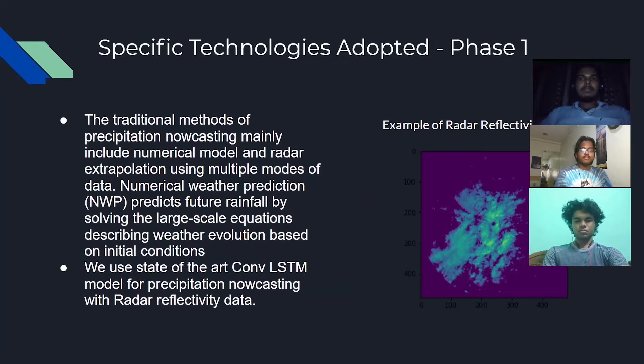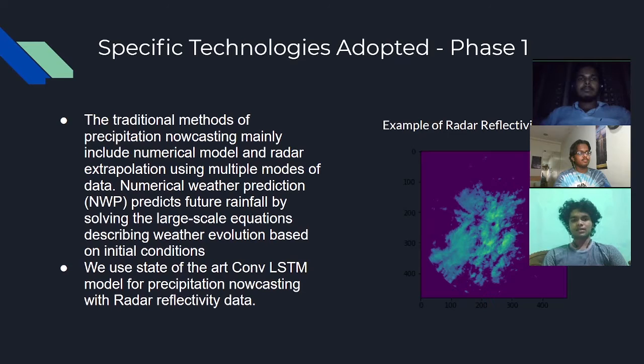So, talking about the specific technology and about radar reflectivity, we have Rizwan Khan. To predict the precipitation that's going to happen in the future, the main traditional methods are mainly numerical methods, where you do some radar extrapolation and you describe some large scale equations based on the evolution from some initial conditions.